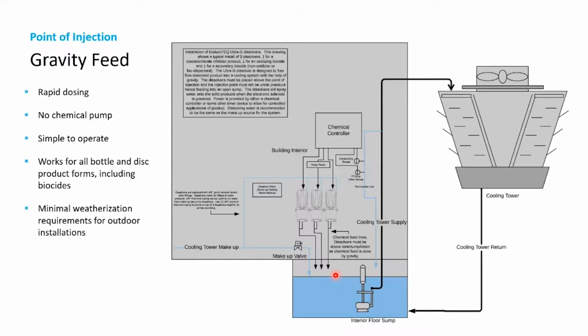So we're just dropping solution by gravity. When the chemical controller says, hey, open up relay 2, it's going to energize that relay, opening up a solenoid, spraying product, and the chemistry is rapidly dispensed into the basin or sump of your system. So it allows you to get that chemistry in there, circulated, and working as it should be.